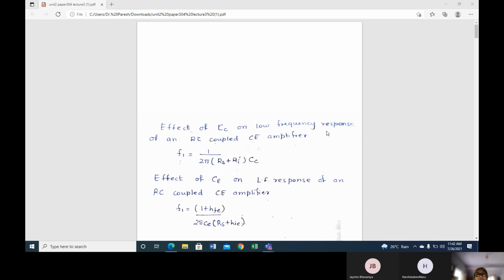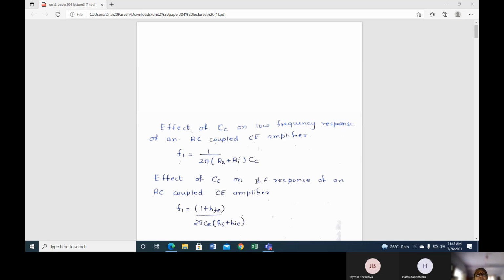Effect of CC on low frequency response of an RC coupled CE amplifier. We found out that the lower cutoff frequency F1 is given by this particular formula, where RS is the resistance of the source and Ri dash is R1 in parallel to R2 in parallel with HIE.